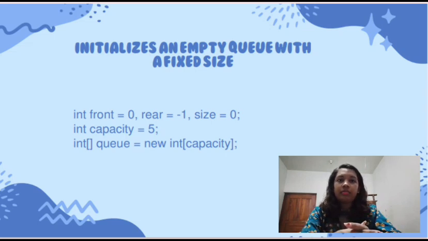And you can see there's a line called queue, which means the array that stores queue elements.